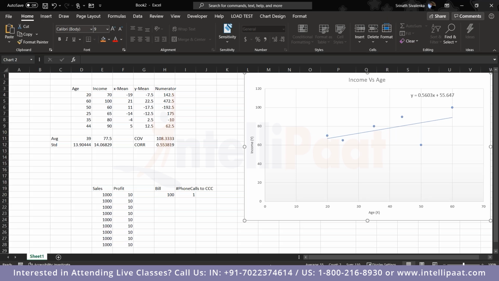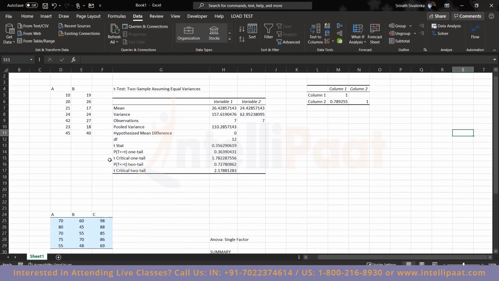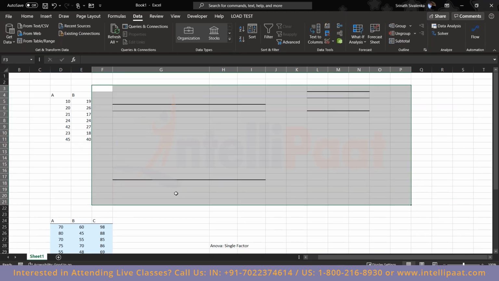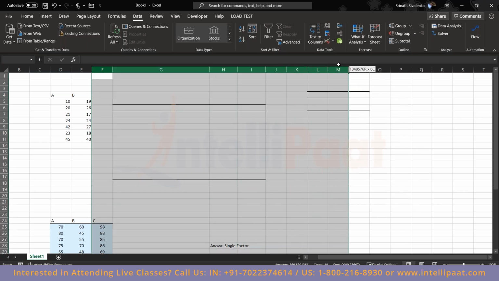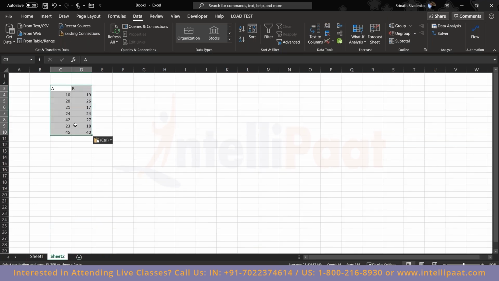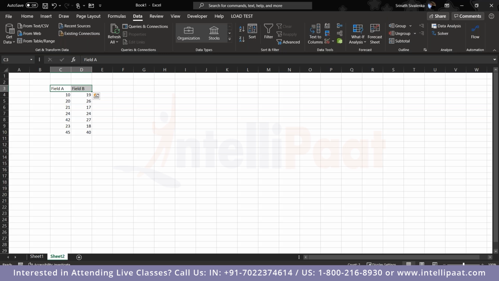For example, let's say I have a bunch of data and I'd like to perform a quick t-test or some kind of ANOVA. Let's say this is the height of the crop from field A, and this is field B. These are two samples, and I'd like to identify if the means of these samples are significantly different or not.